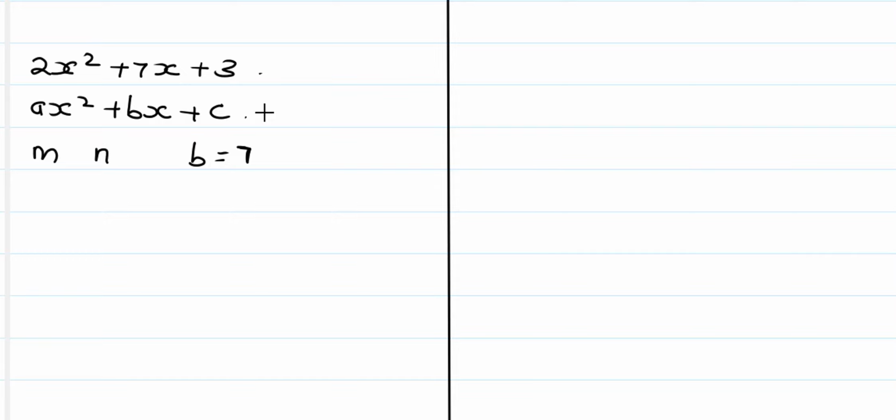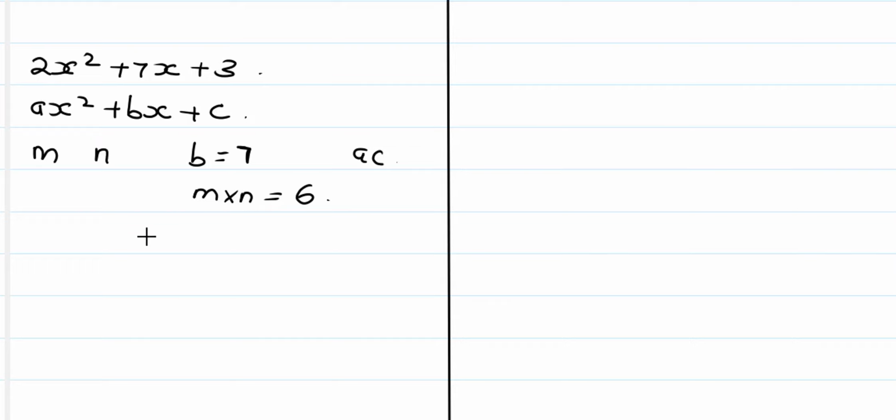So when we multiply m and n, they should give us 2 multiplied by 3, which is 6, and not 3, as we used to do with the previous monic questions.